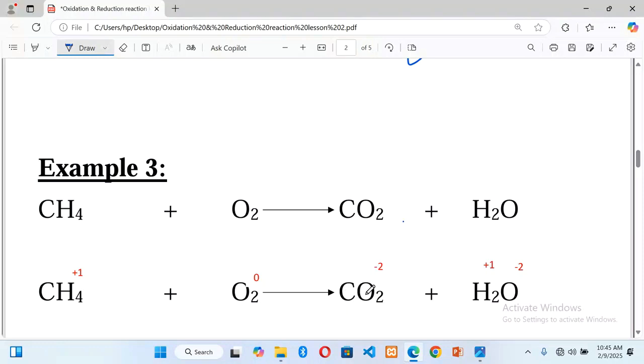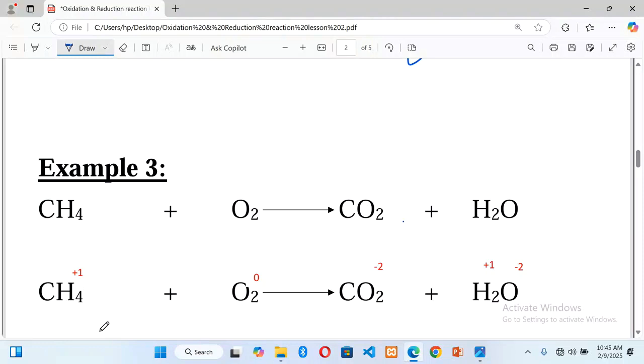For oxygen, we already saw in the rules of assigning that it has negative 2. Then for hydrogen, it has positive 1, and oxygen has negative 2. So we can calculate for carbon in this compound.